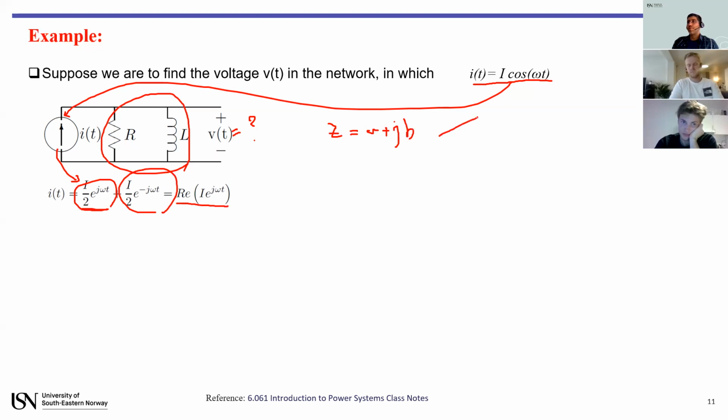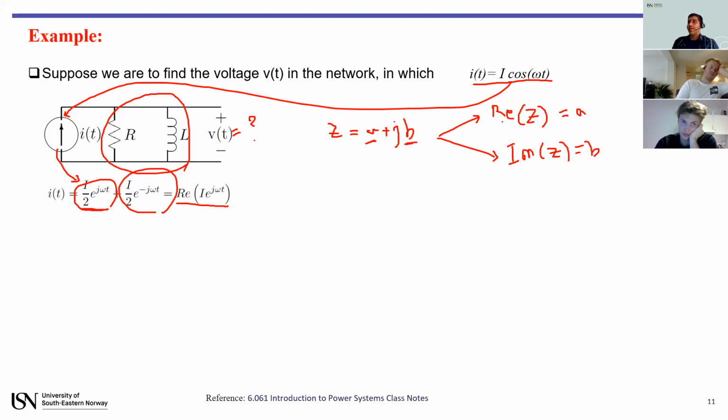We have two functions. When I write Re, it means real. It means what's the real part of Z? It's the real part, A. Imaginary of Z will be this part.